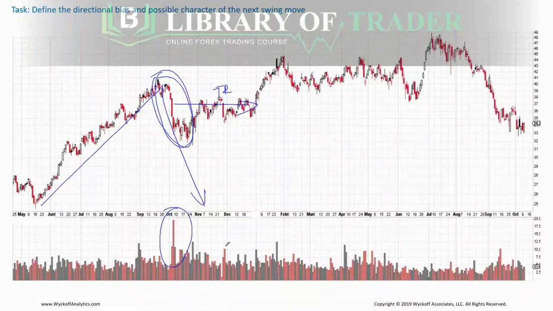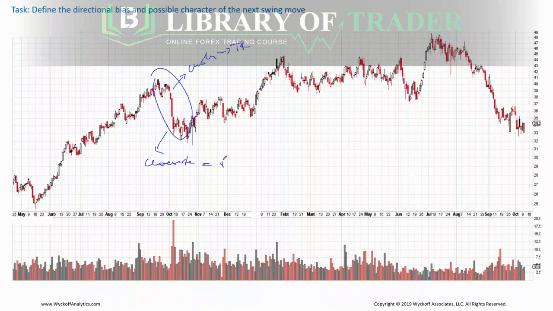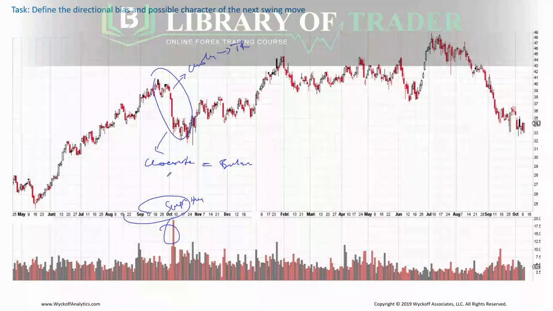No. So still at this point, we would be thinking a change of character, definitely, which is going to lead us to a trading range. But the character of this reaction is still somewhat bullish. Even though supply has come in, we're still thinking that this is going to resolve itself in a bullish way.